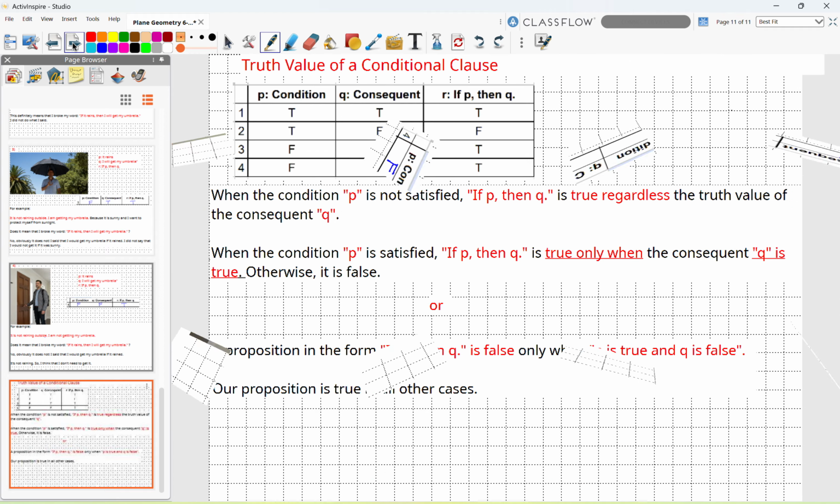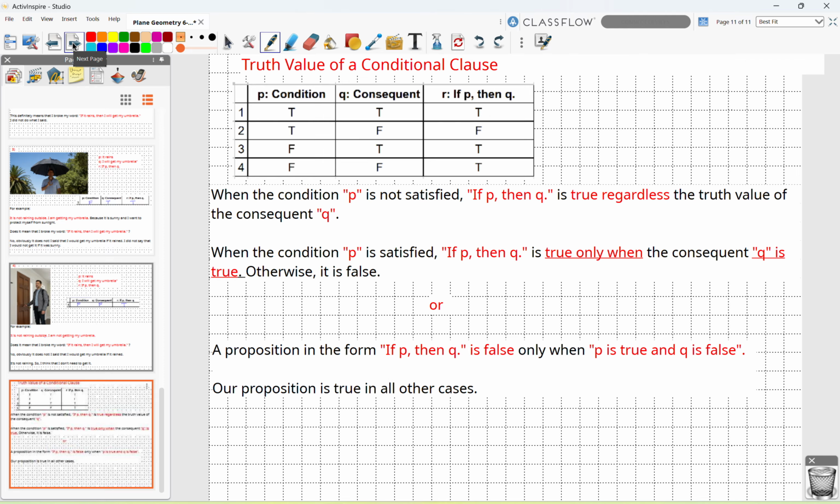Okay? So here is a quick summary of the truth values of a conditional clause. When the condition P is satisfied, if P then Q is true if Q is true, but it will be false when the consequent Q didn't follow, when it's false.